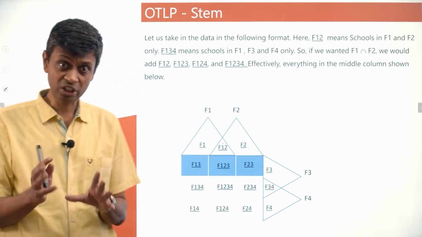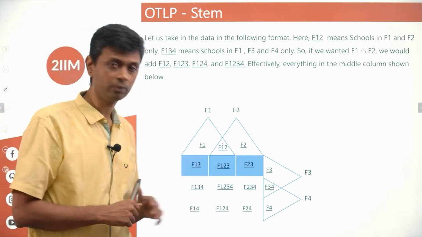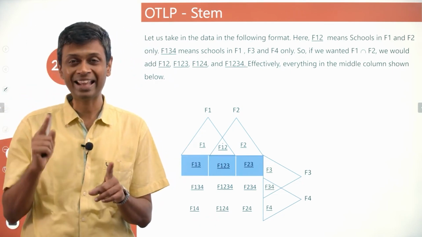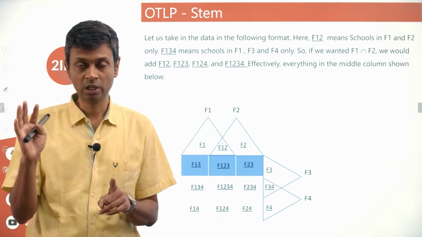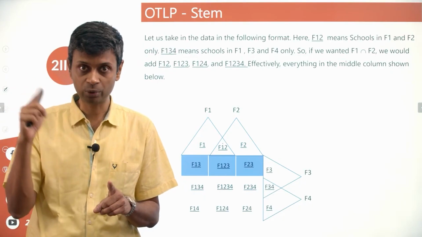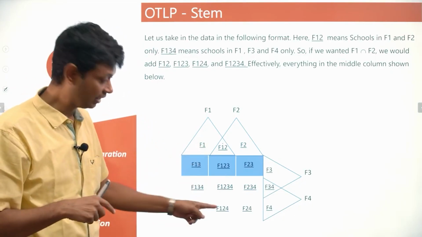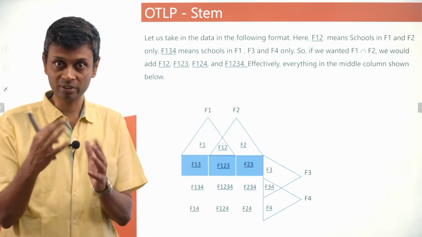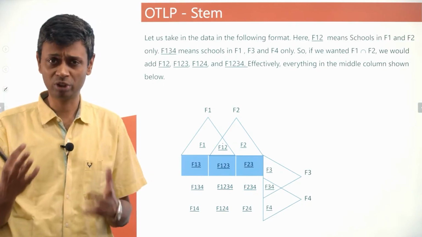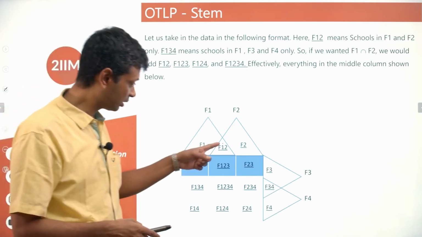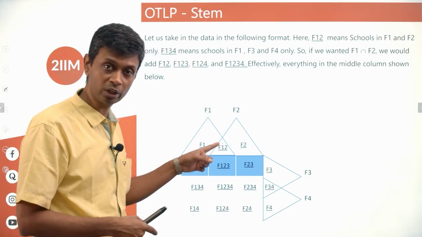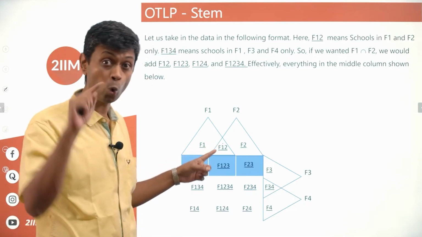Now, one distinction: when we say F12 here, we mean F1 and F2 only. If you're thinking about F1 intersection F2, there will be this, and this. Keep that in mind. When you're drawing this diagram, it's like our Venn diagram with 3 sets. So this is not the intersection of F1 and 2. It is F1 and F2 only.